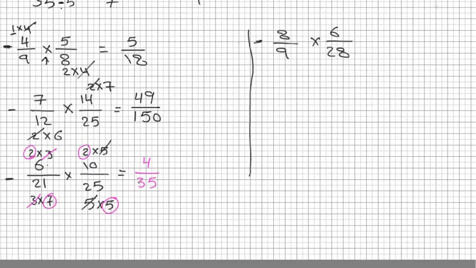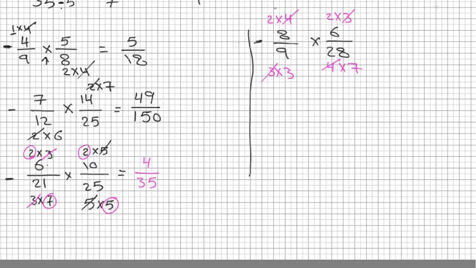The same way here we can simplify. 8 and 28. 8 is 2 times 4 and here it's 4 times 7. We can cancel 4 with 4. 6 and 9. 6 is 2 times 3 and 9 is 3 times 3. We can cancel 3 with 3.